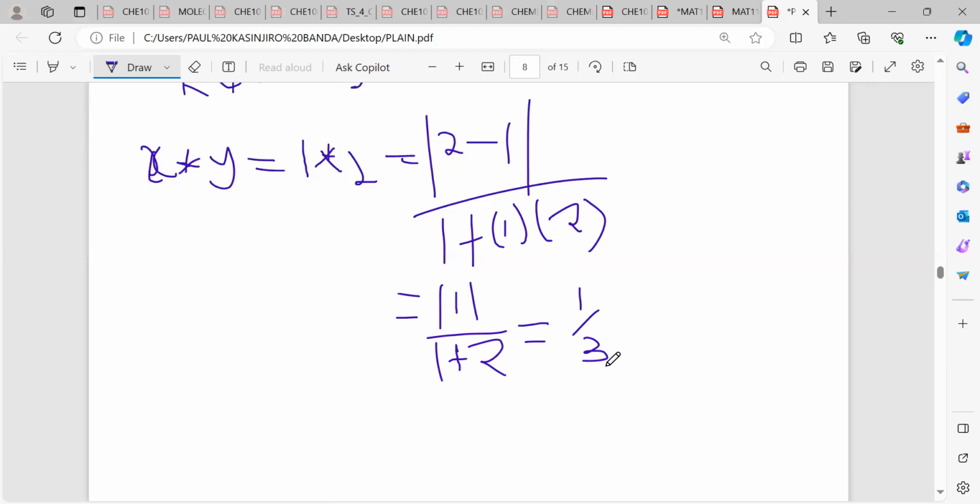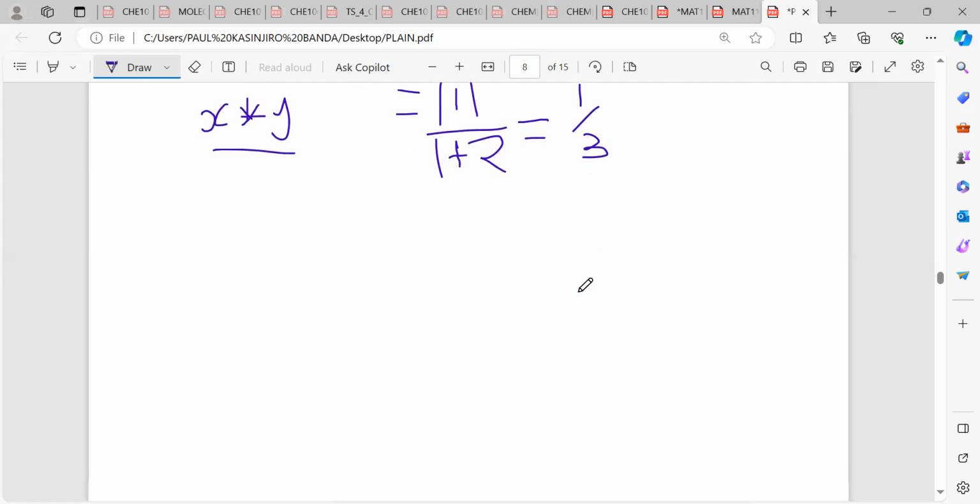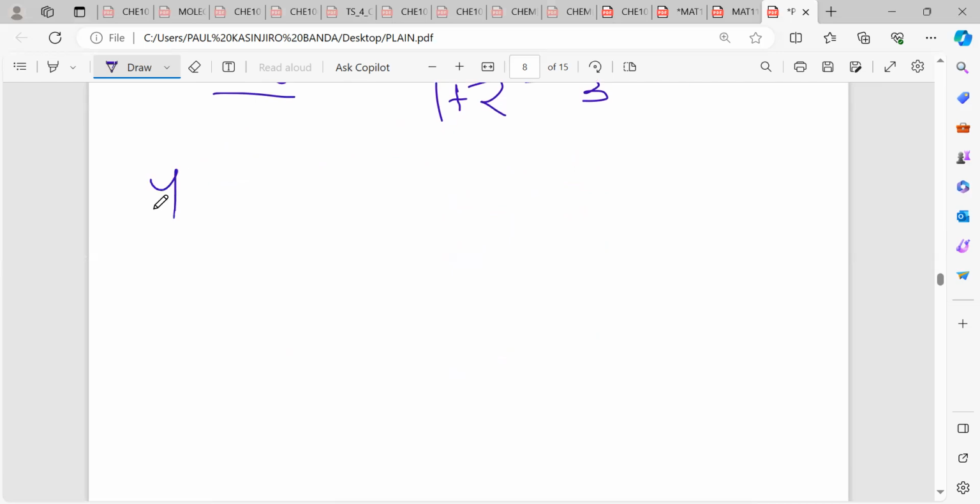So what we've gotten here is our x star y. Now let's find our y star x. Our y star x will be equal to 2 star 1.